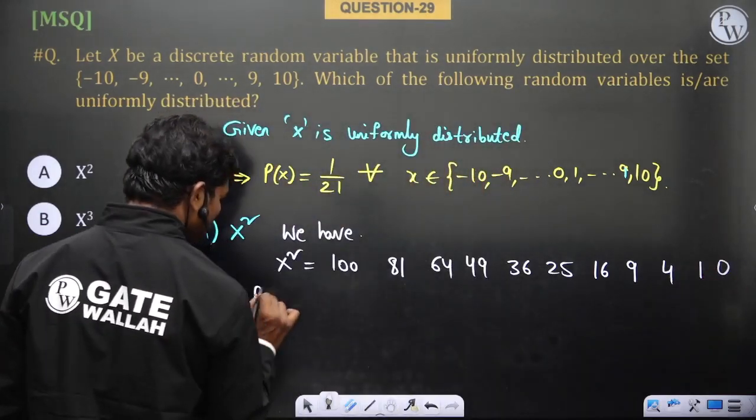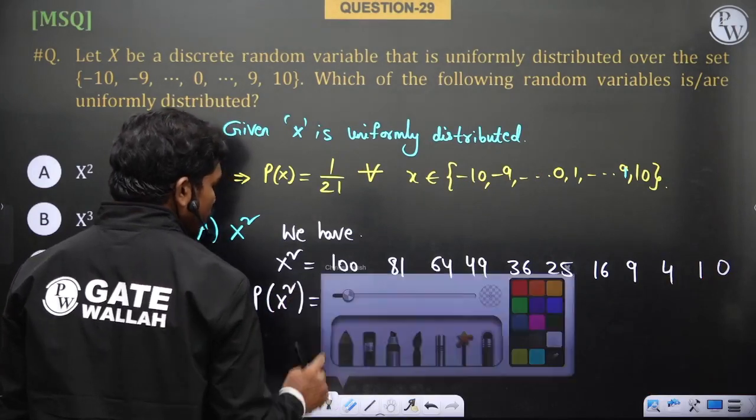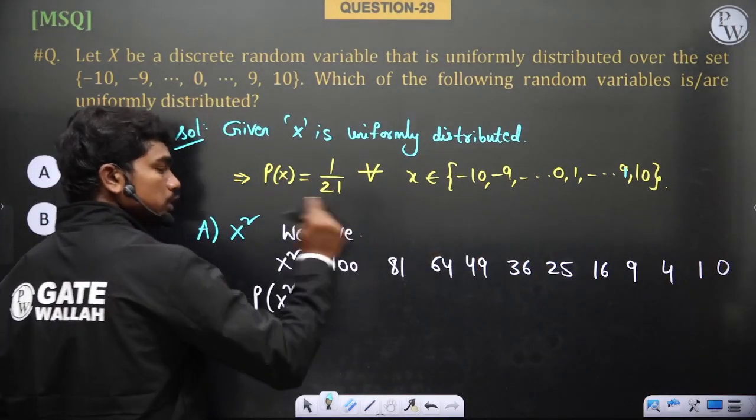But if you take p of x square in this case, now you will get 100 for x equal to -10 and also 10, of course.